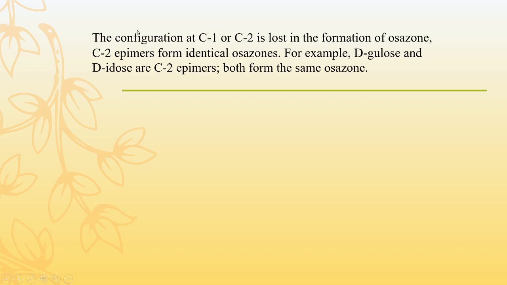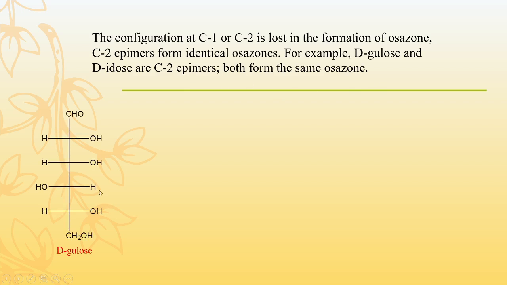Initially we take two different aldoses, but after the formation of the osazone, they lose their configuration at the C1 and C2 carbon atoms. Therefore, the C2 epimers form the identical osazone.